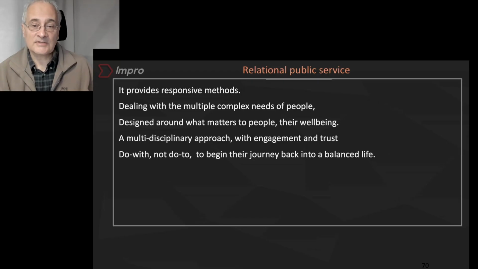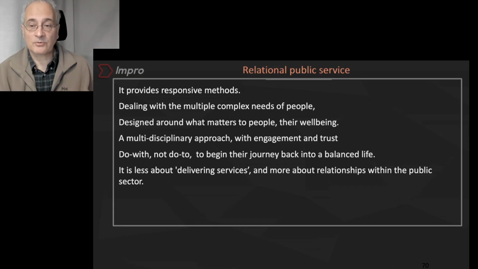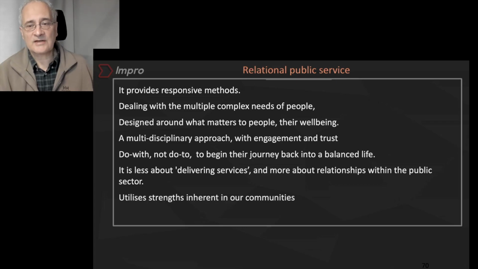It's less about delivering services and more about supporting, with staff able to make the right decisions at the right time. Relational working utilises strengths inherent in our communities and the voluntary sector, using techniques that recognise the complex systemic nature of supporting people.